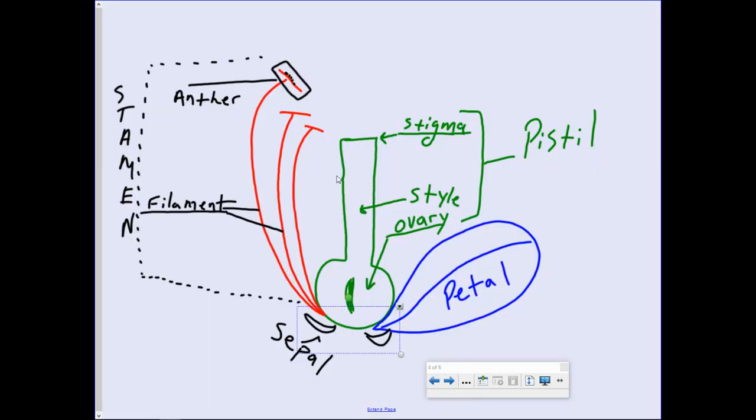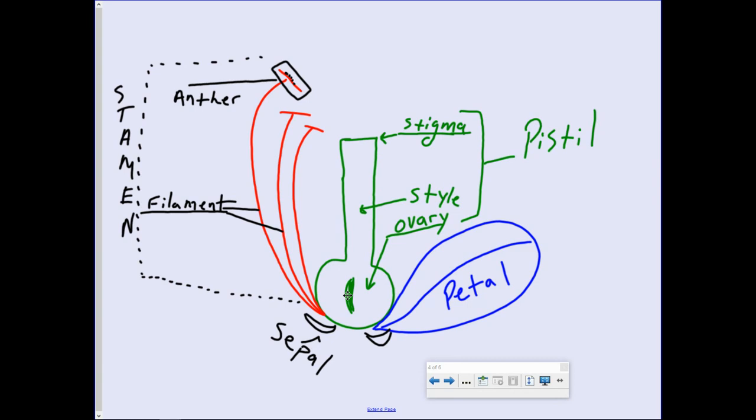So what we also talked about was the difference between pollination and fertilization. Pollination is when our pollen goes from our anther and lands on our stigma. That's all pollination is. And then fertilization is when our pollen goes through the style into the ovary and into the ovule, because the ovule is where that seed is going to develop.